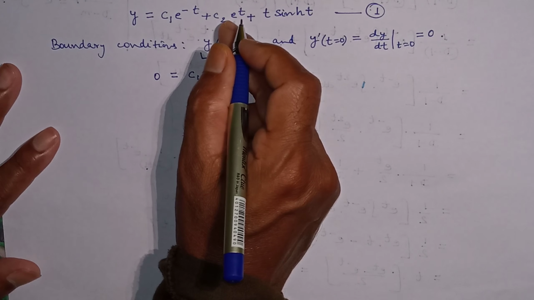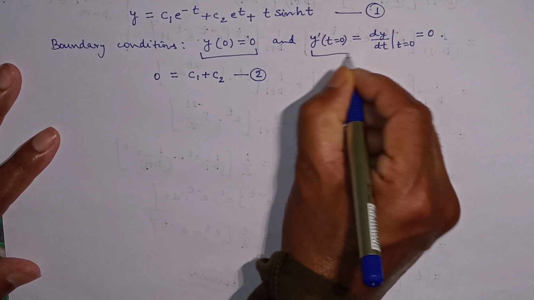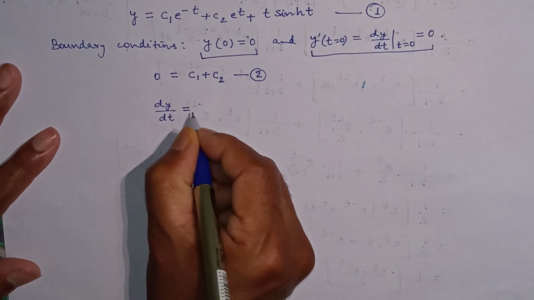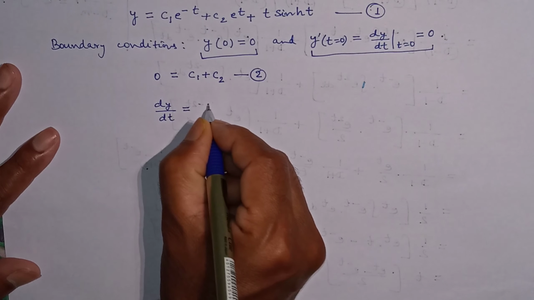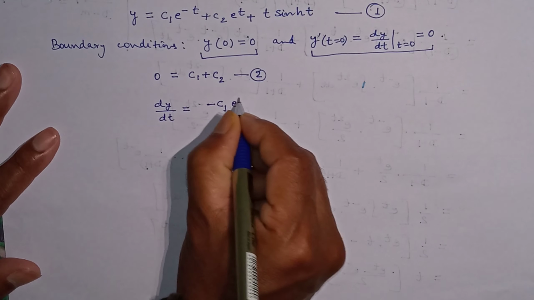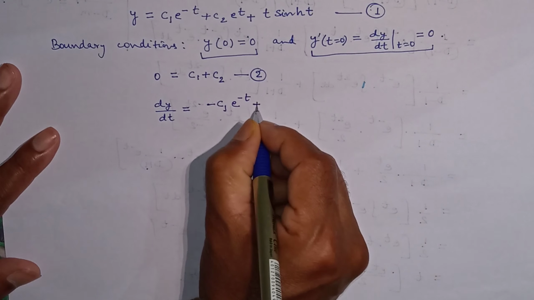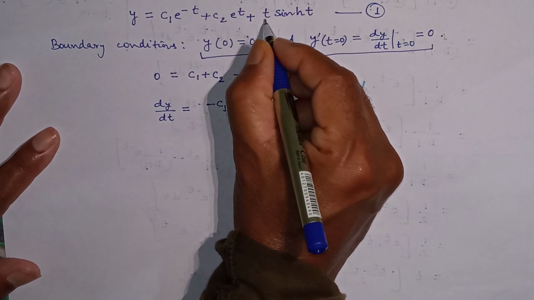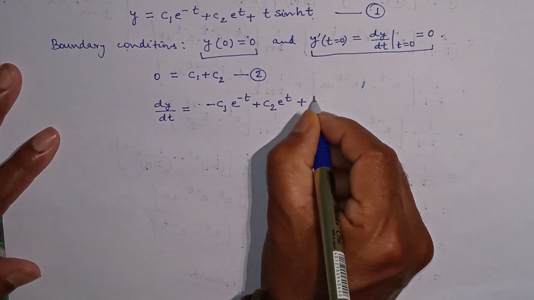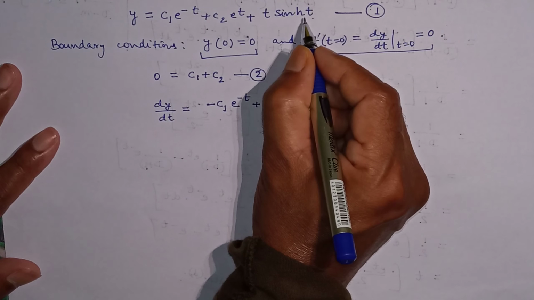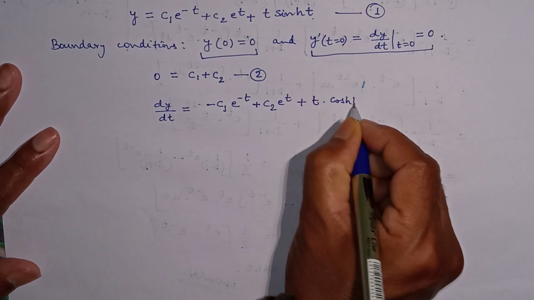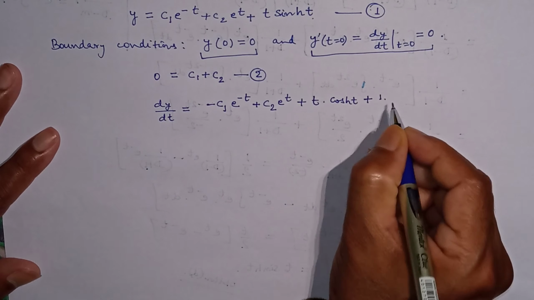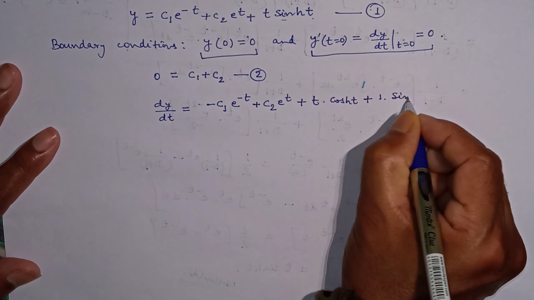And now differentiate y with respect to t to apply the second boundary condition. dy by dt equals minus c1 e raised to minus t plus c2 e raised to t plus, this is u times v, so t, differentiation of this with respect to t, sinh t, it is cosh t, plus now differentiation of t with respect to t, it is 1 multiplied by this sinh t.